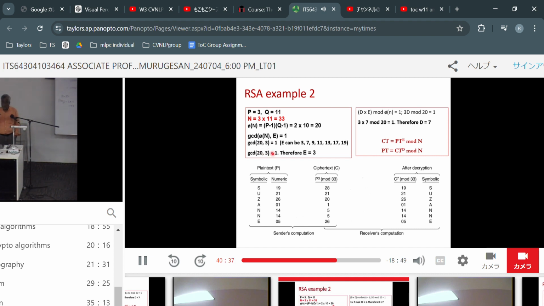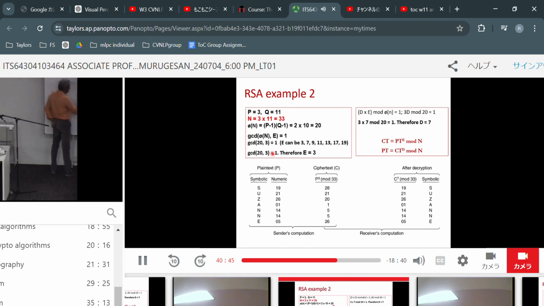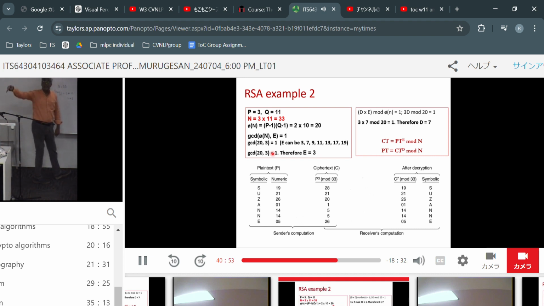At the same time, the same number should divide both the numbers. So maybe I will show you, because I know a lot of you would have forgotten what is GCD. So when we take 20 and 3, it says greatest common divisor. So the same number should commonly divide both the numbers. At the same time, it should be the biggest number.